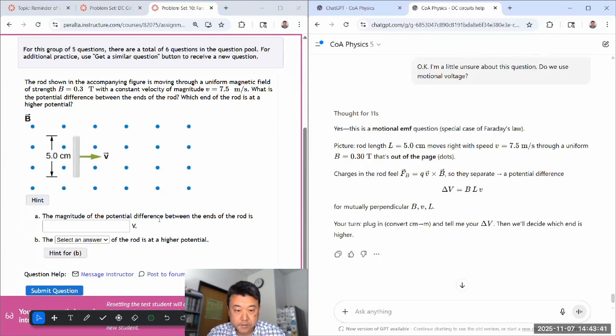Yeah, potential difference. So BLV, so B is 0.3 times that is 2.25 times 5 is... no, 2.25.